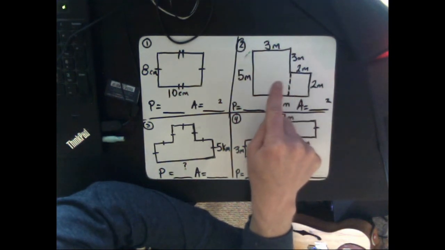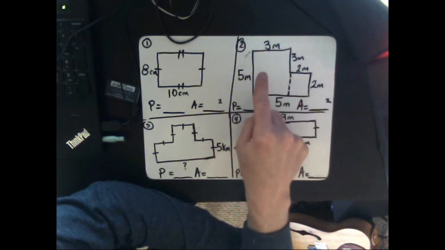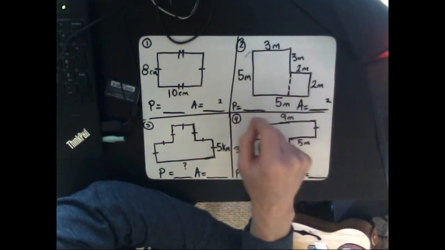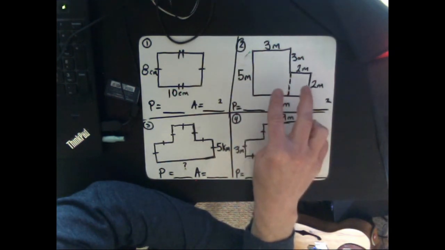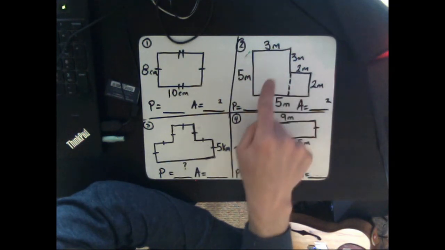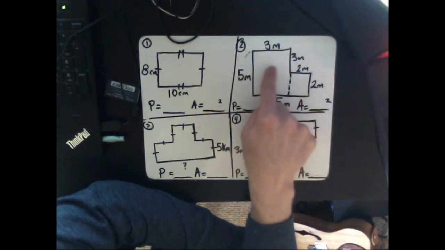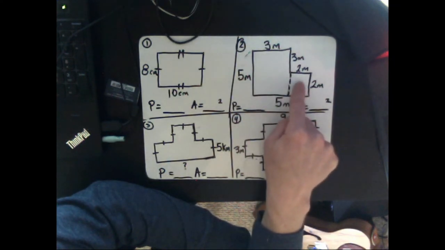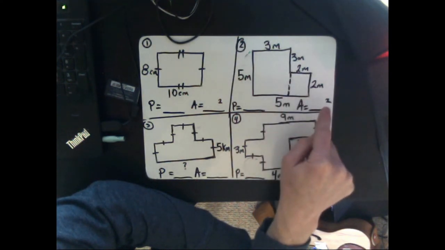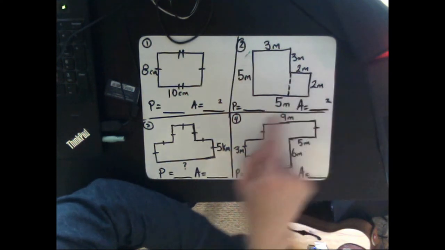When we are trying to find the area of something that's more than just a rectangle, you need to figure out how to split it up so you can find the area of both spaces that you split up and then add them together. So you would start by maybe finding the area of this rectangle first, then finding the area of this rectangle, and then adding those together. Gave you a hint again by putting the squared at the top.